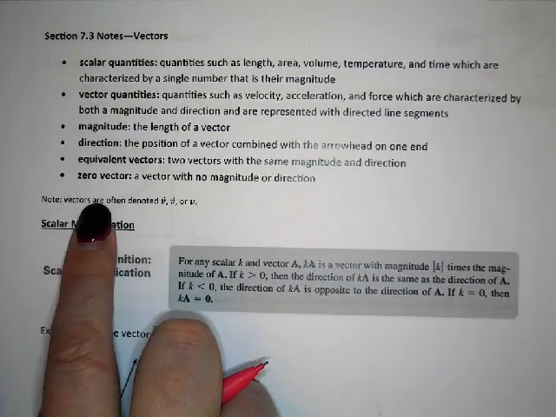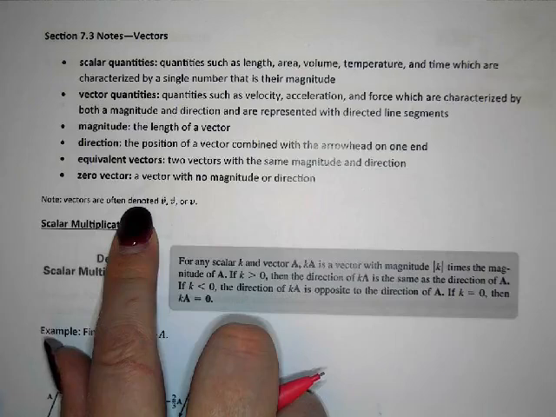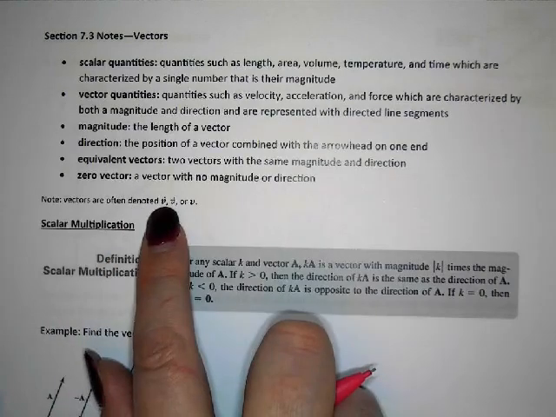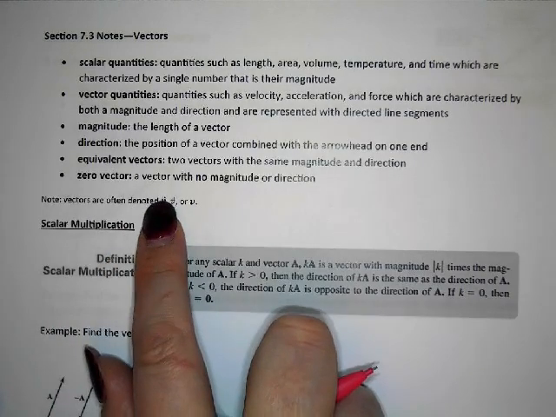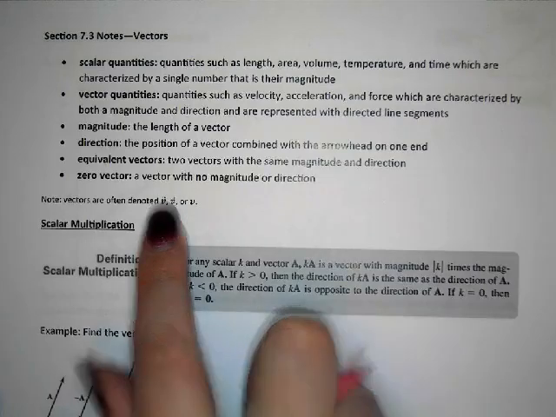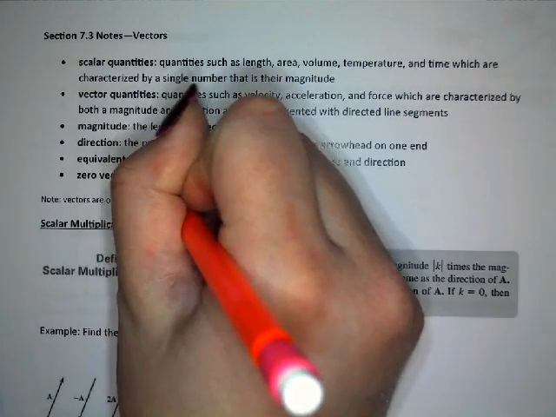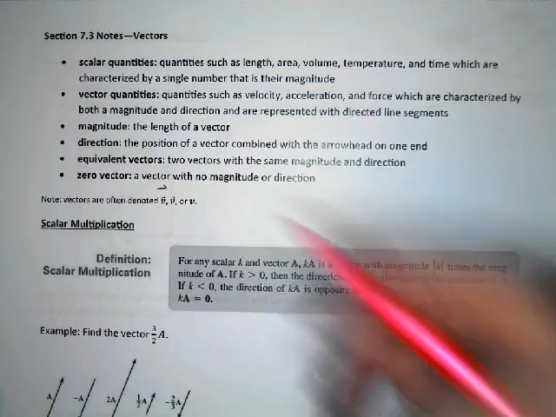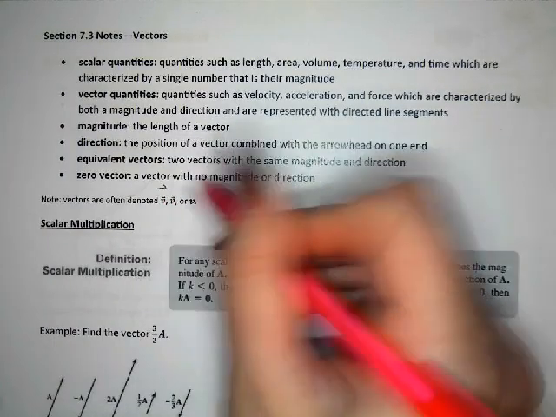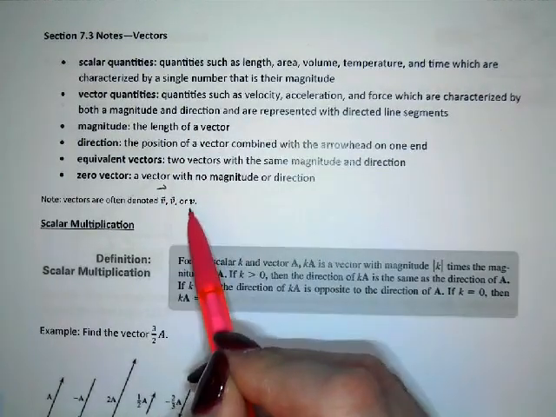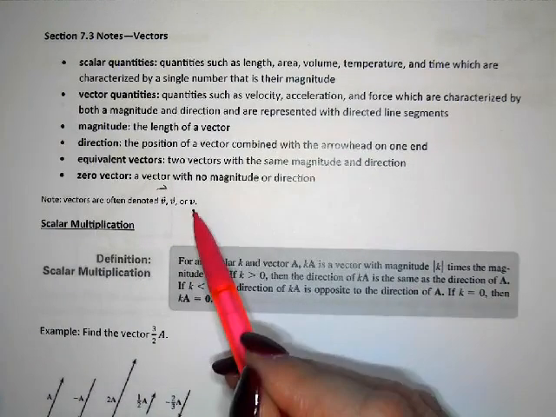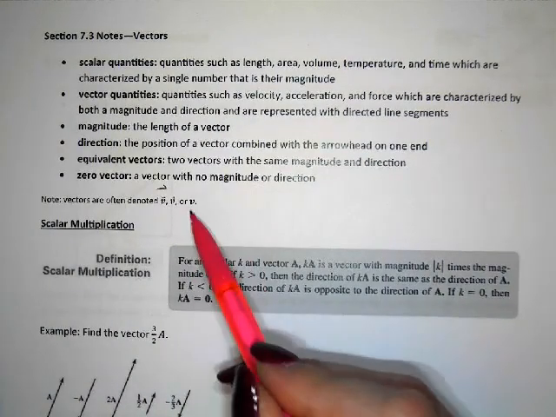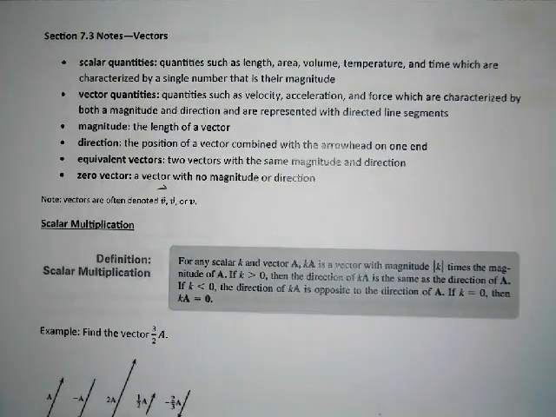I put a note here: vectors are denoted different ways depending on the textbook that you're using. It can be a V with a little half arrow, or a V with an actual arrow above it, or a bold V. I don't really like the bold V personally, because how do you write that if you're the one writing it out?